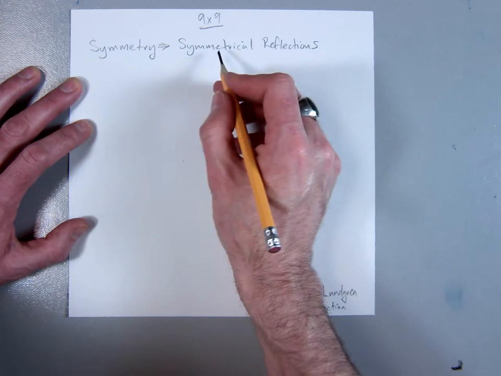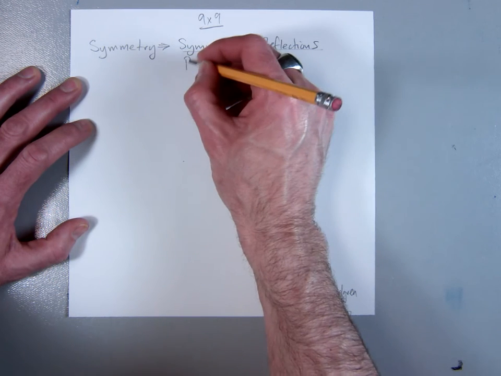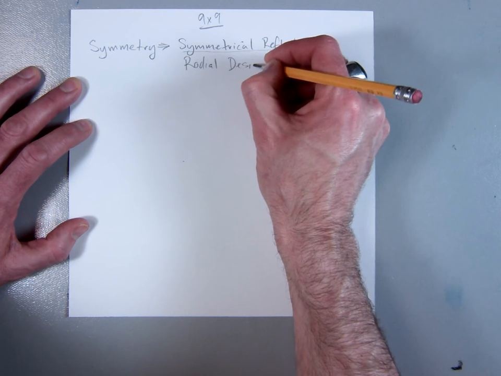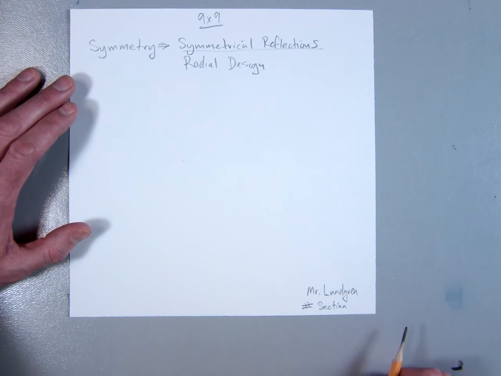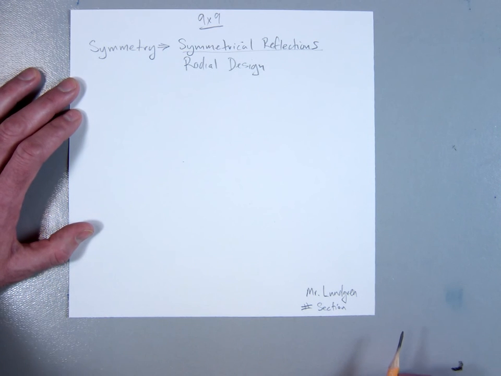And as we move through our symmetrical reflections to make our radial design, you'll see that that is really the overarching concept that we're going to need to pay attention to in order to get it right.